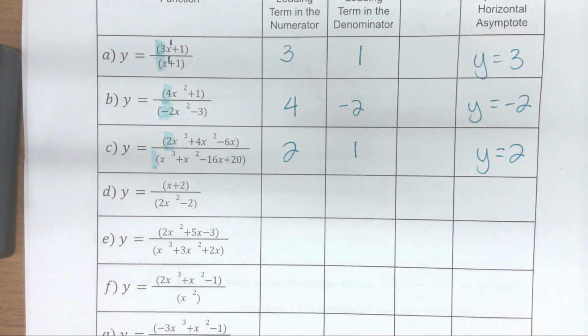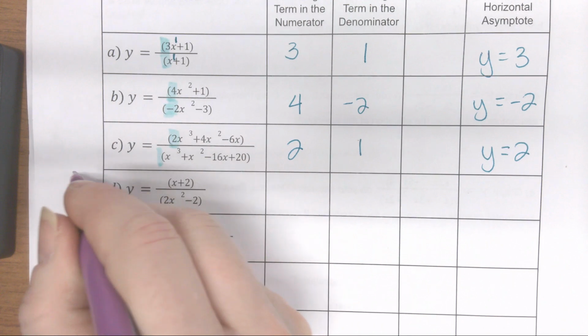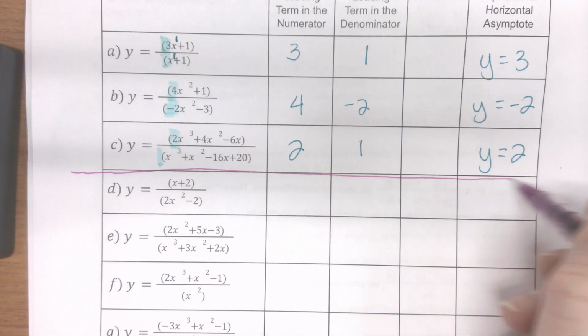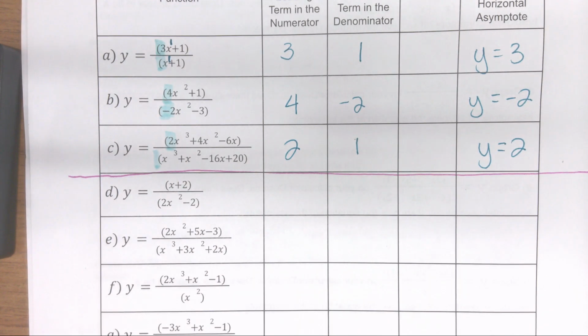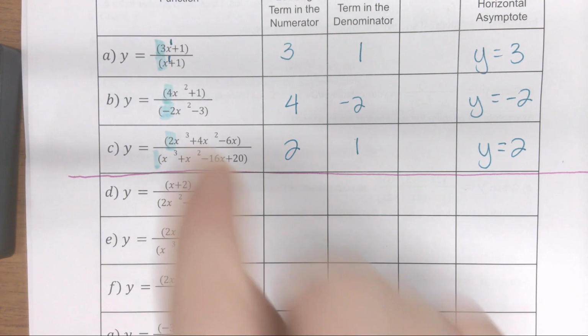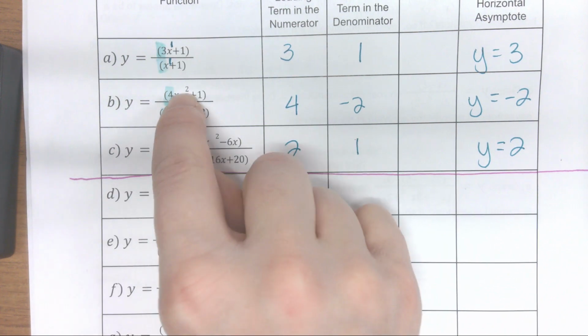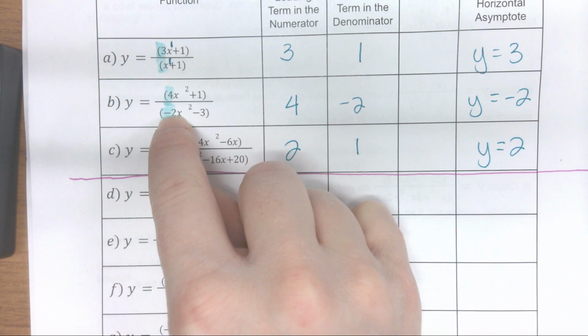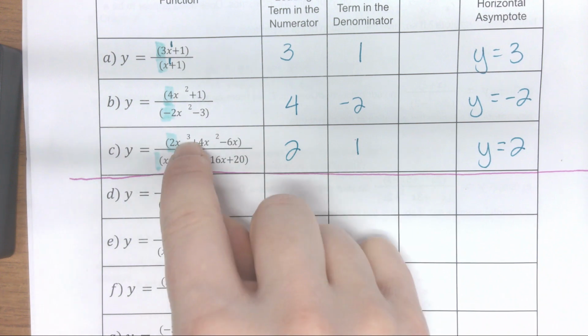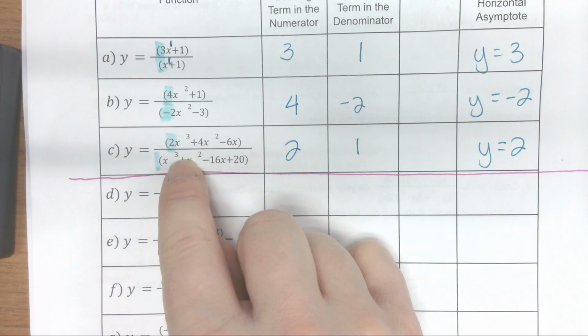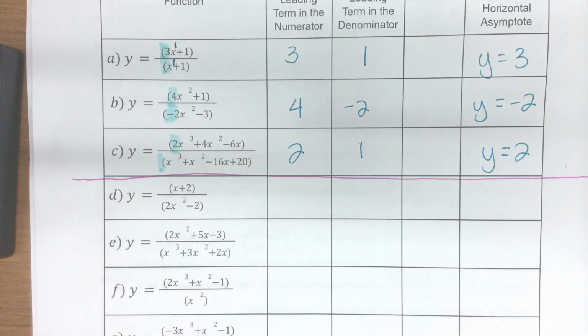All right, I'm going to draw a line here because A, B, and C are a group together, and I'm going to tell you why. Let's now look at the degree. The degree of the top is 1 and 1. The degree of the top is 2, degree of the bottom is 2. The degree of the top is 3, the degree of the bottom is 3. So what's true in all three of those about the degree of the numerator and denominator?